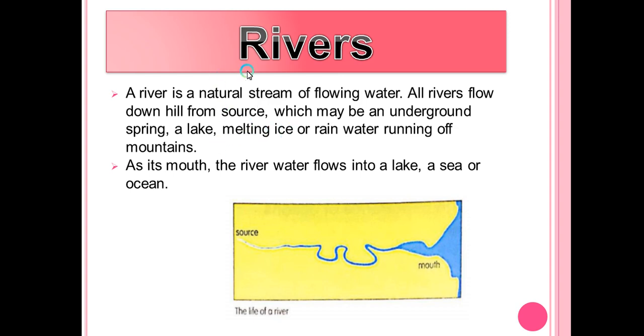So all rivers flow downhill from their source, which may be an underground spring, a lake, melting ice, or rainwater running off mountains. At its mouth, the river water flows into a lake, a sea, or ocean.